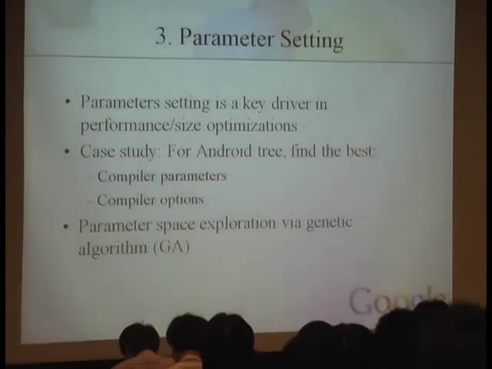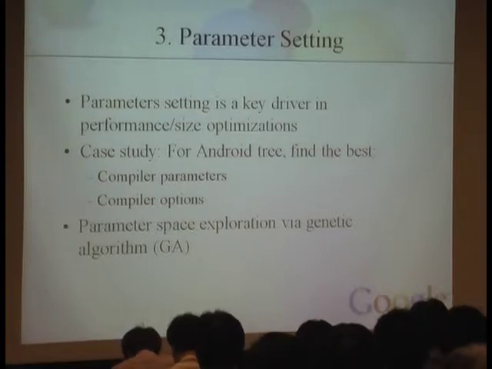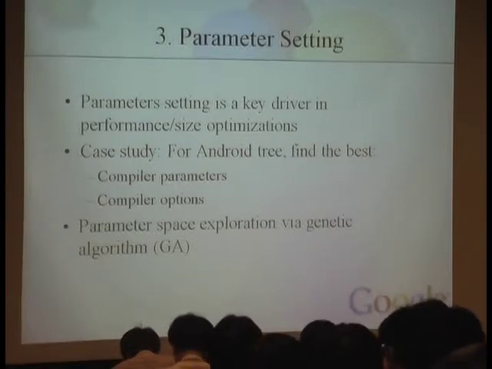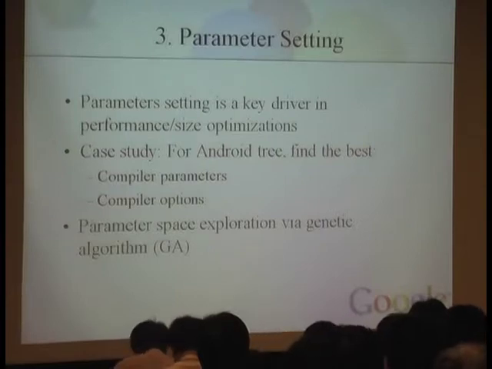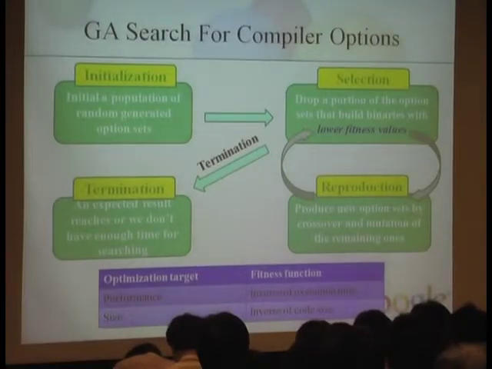For example, TI has Code Composer Studio, and as your code base is evolving, for example people checking new patches into the Android tree throughout the week, every Friday before you go home you can start this parameter space exploration, and by Monday morning when you come back to work, the best parameters for your newest code base should be there already. TI Code Composer Studio has this, and we just try to do some parts of it for Android as well.